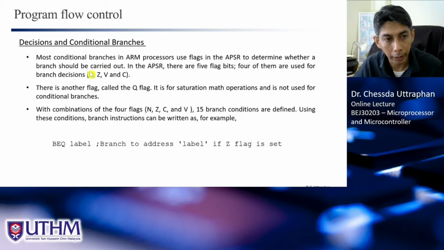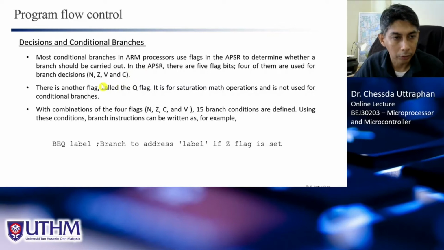That can be known by the microprocessor by looking at these bits. For example, if N equals 1, it means that the result from the compare operation is negative. If N equals 0, the result is positive. If Z equals 1, the result is 0. If V equals 1, we have overflow. If C equals 1, we have carry.